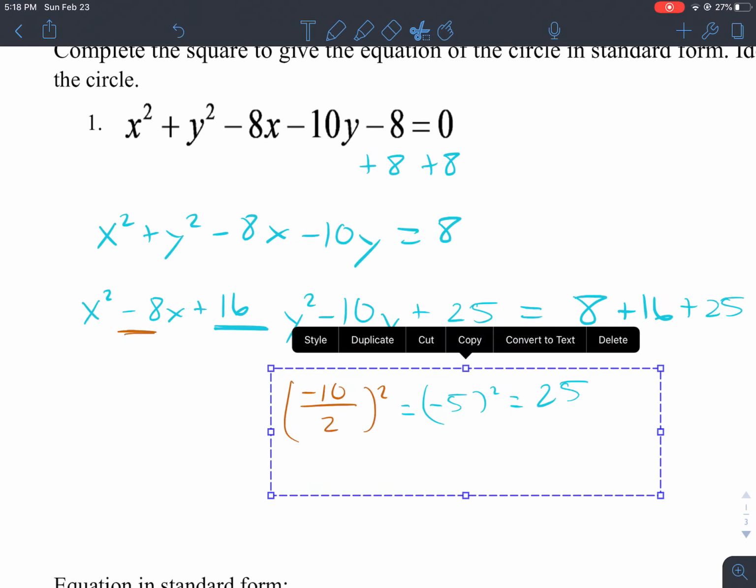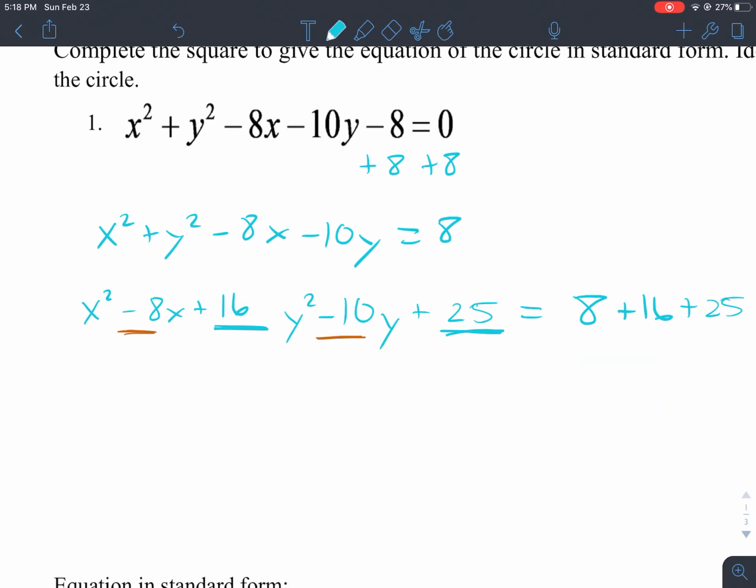So now, if we look at all of our x terms here, we can factor this. This becomes x minus 4 times x minus 4. And we can rewrite this as x minus 4 squared, because it's x minus 4 times x minus 4. Since you have 2 of them, you square it.